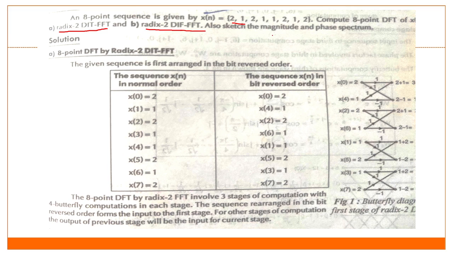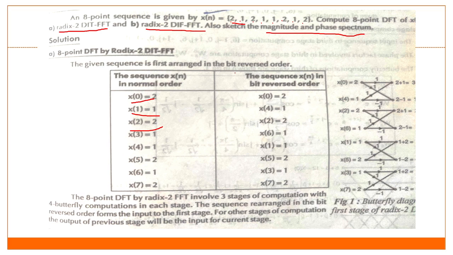You also have to plot the magnitude and phase plot. So how to calculate? First you have to write down the sequence: x of 0, x of 1, x of 2, x of 3, 4, 5, 6 and 7.